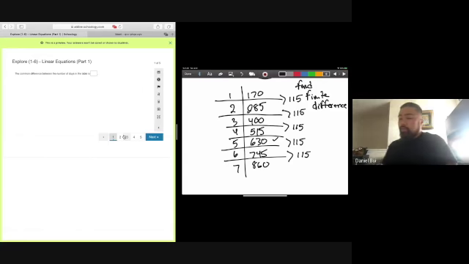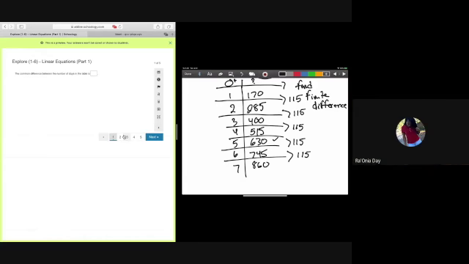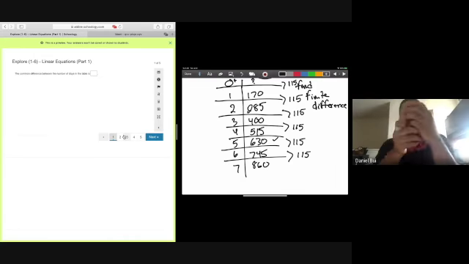Okay. So after you find the finite difference, if it does not give you the 0th term, you need to find the 0th term. How would you find what the 0th term is? Subtract 170 from 115. Perfect.